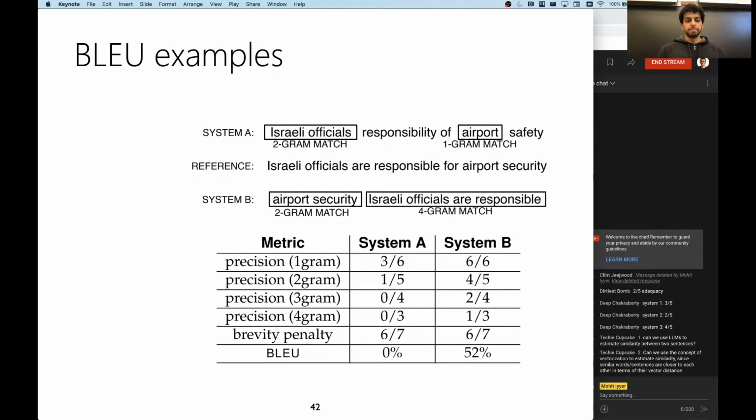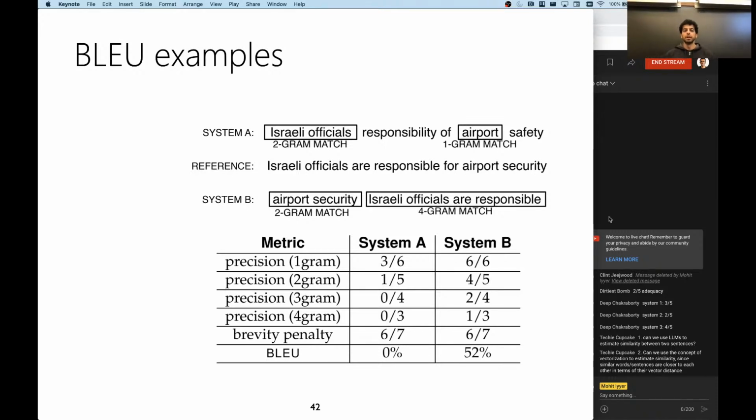Okay, so let's take a look at how these scores are computed for the BLEU score, just to make it more intuitive. So we'll continue with our same Israeli officials sentence, but we have 2 system outputs. One candidate translation is Israeli officials' responsibility of airport safety, and the other candidate translation is airport security, Israeli officials are responsible.